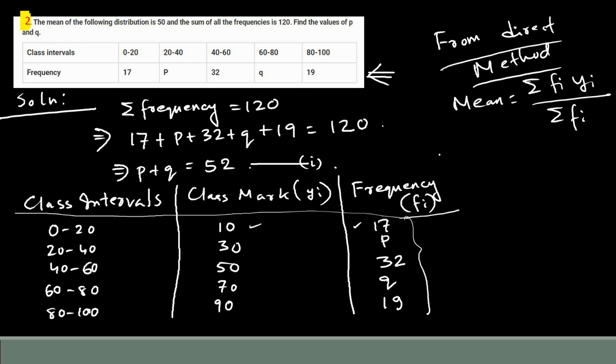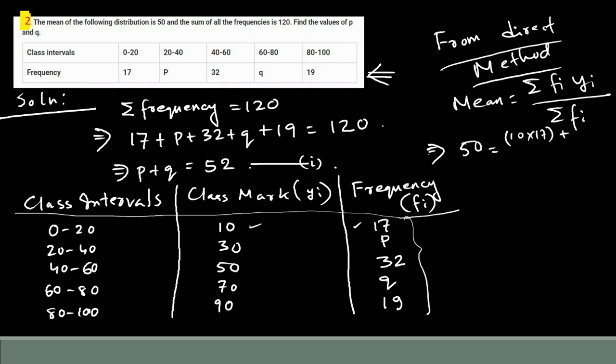So basically you can just write, mean is given as 50, and the class mark first is 10 times 17, let me do it on the other sheet, it will be clearer. If mean is given as 50, right?